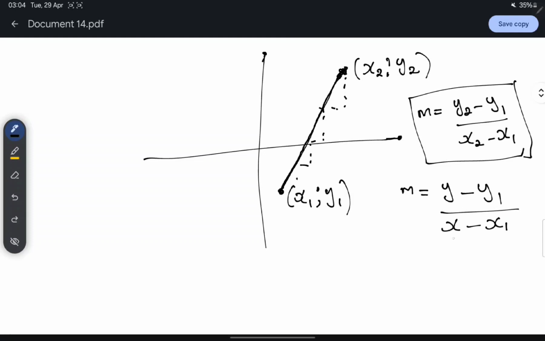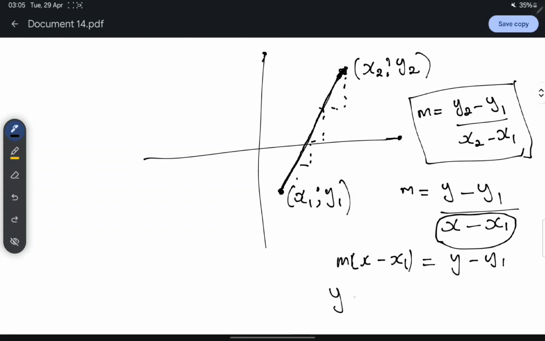If I can times this denominator both sides, I will have x minus x1 times m is equal to y minus y1.